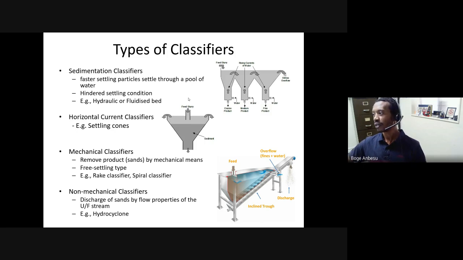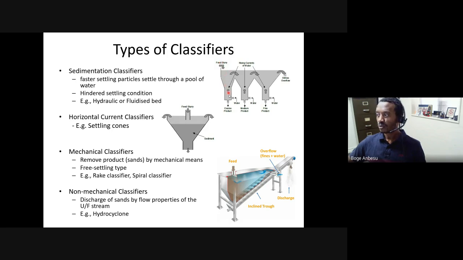So what we can do here is we have a feed material containing different sizes. I'll just use my pointer here. In sedimentation classifiers, we have a feed material. Pulp density is typically what we use to quantify the percent solids in it, so we could say, for example, 50% solids coming in.